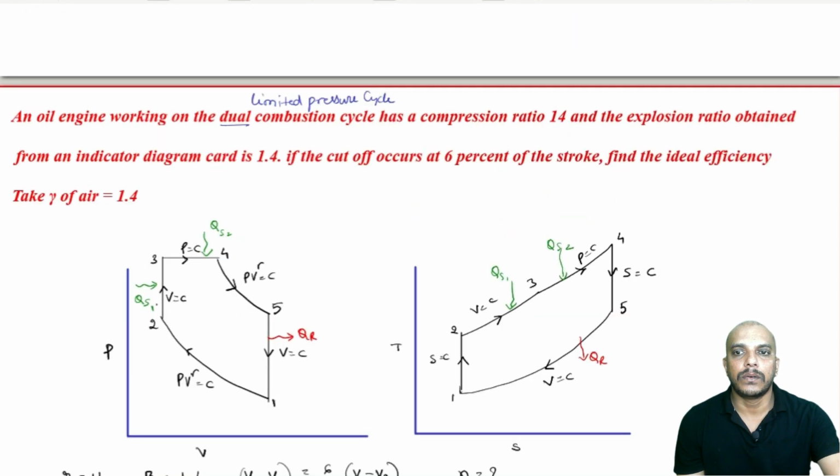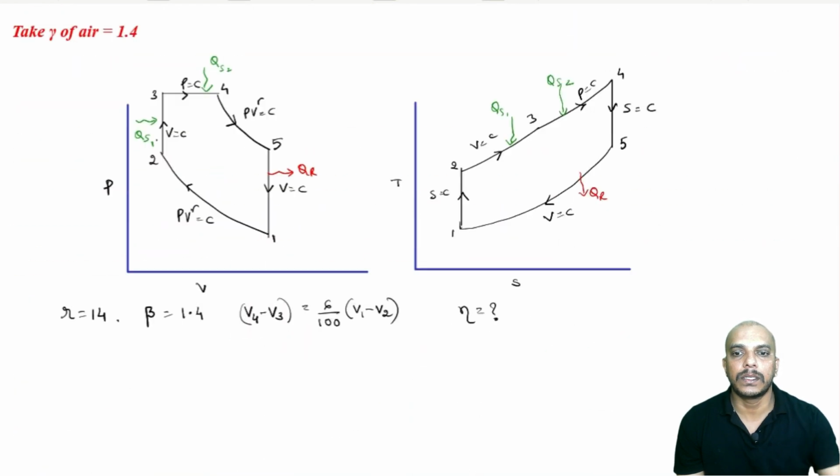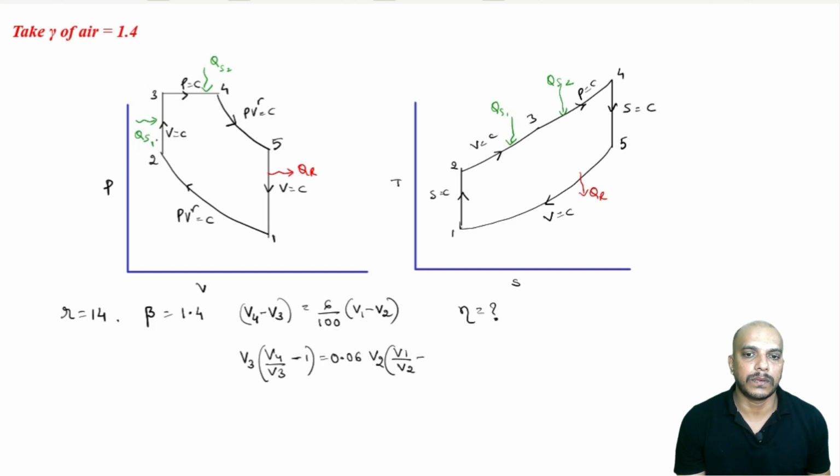Now, we know that V3 is equal to V2. Let us take V3 common here in this expression. We will have V4 by V3 minus 1, equal to 0.06. We can take V2 common here, so V1 by V2 minus 1.